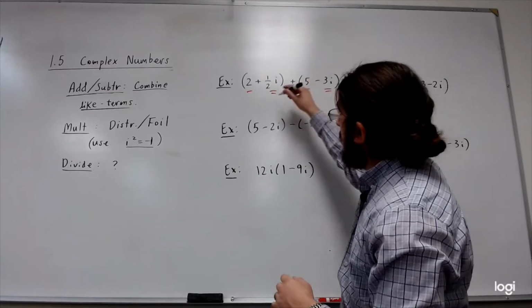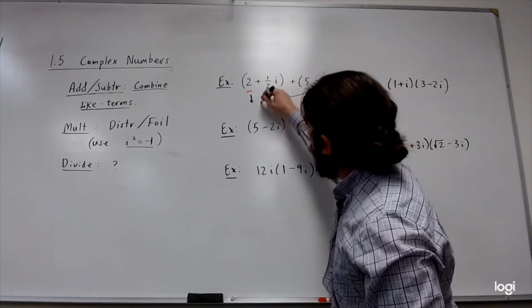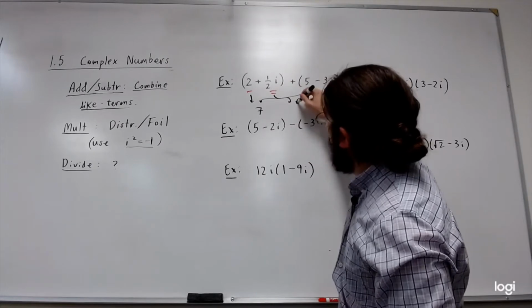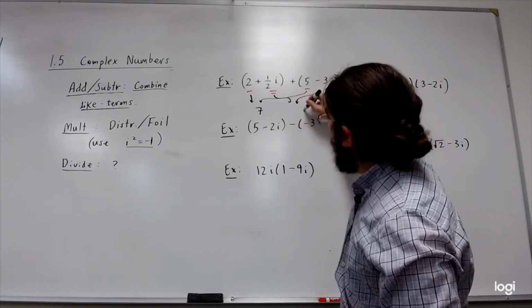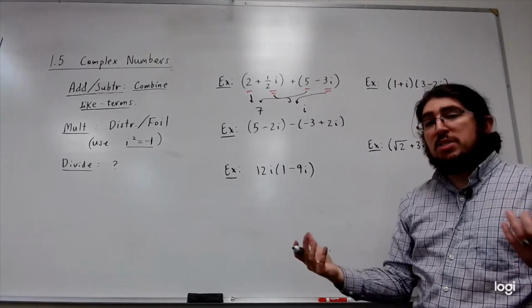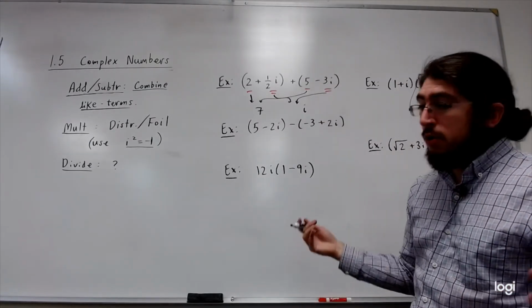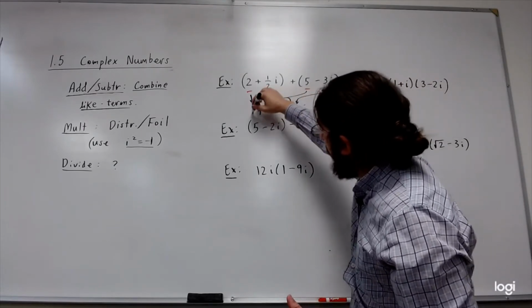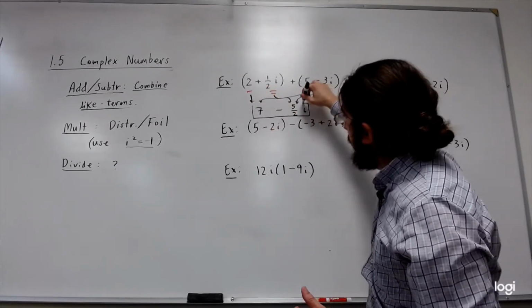So 2 plus 5 will give you 7. And then if you add these, well, that's going to be plus what times I? Well, as it turns out, 1/2 minus 3 is -2.5 or -5/2. So the answer is 7 minus 5/2 I.